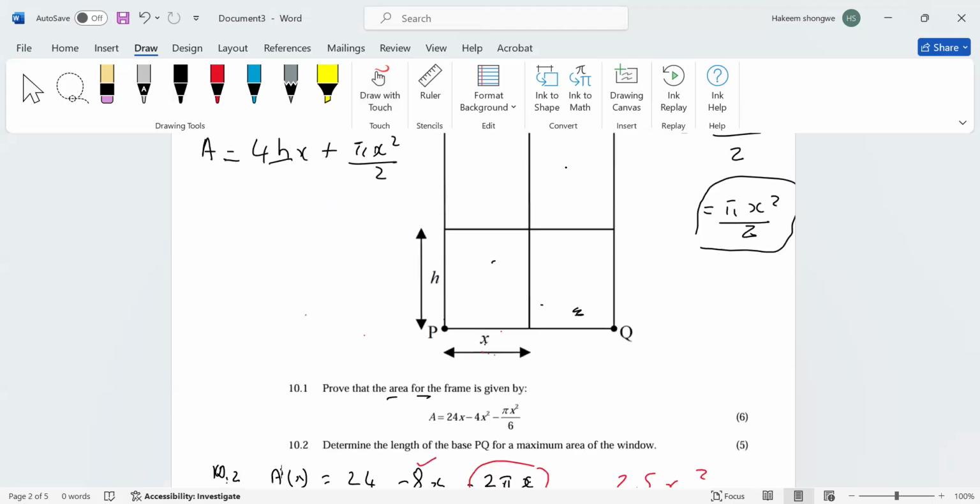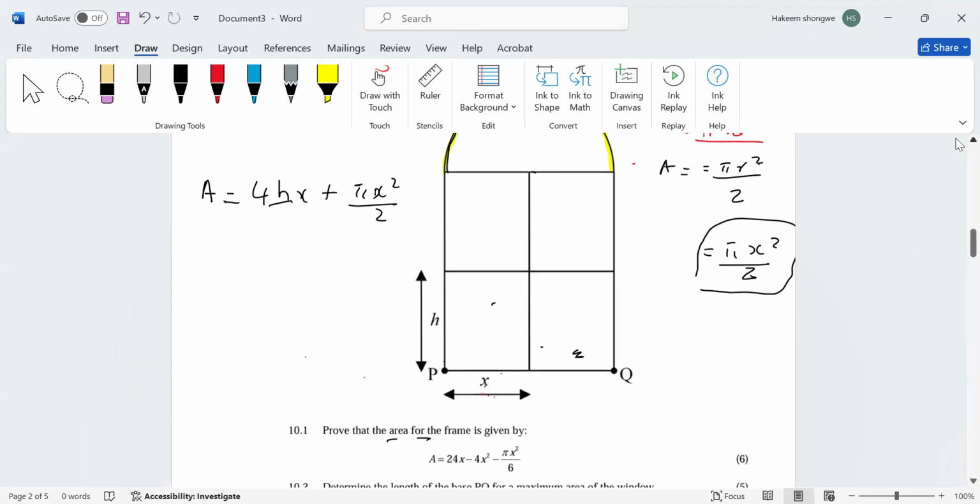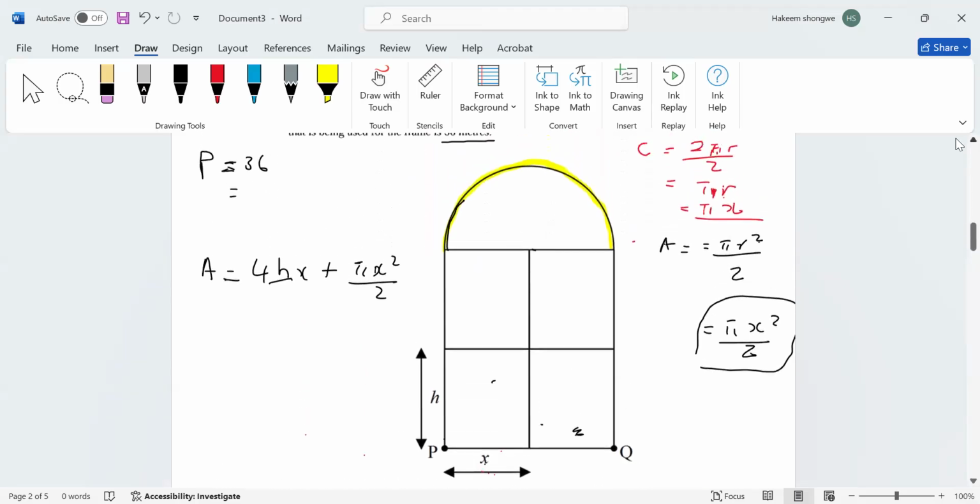So, no more circle, the semicircle part again. We're coming back to the rectangle. Now, the perimeter of a rectangle is given by side plus side plus side. Let's deal with the smaller rectangle first.